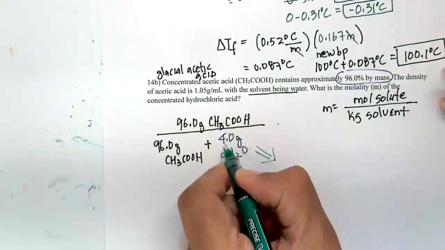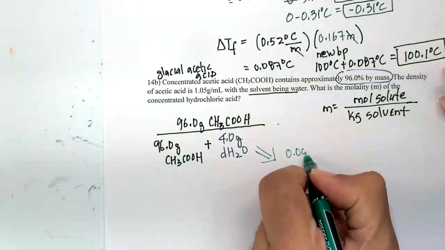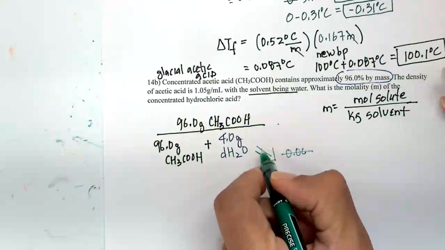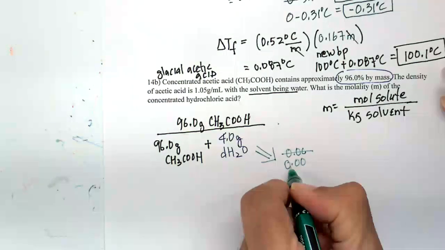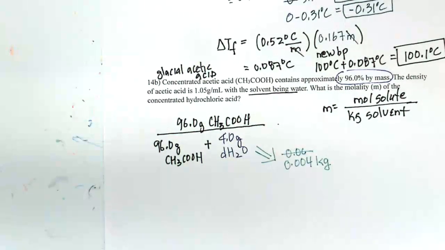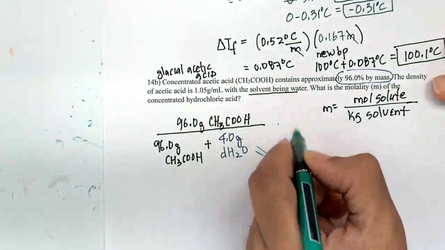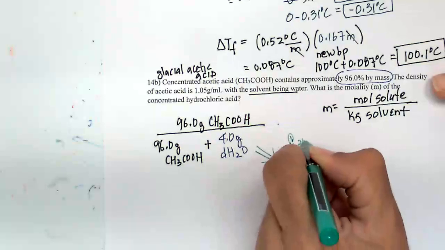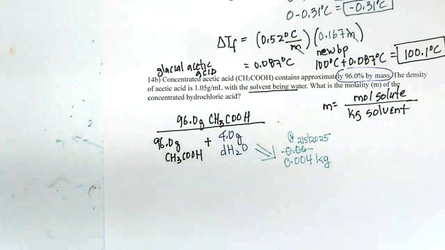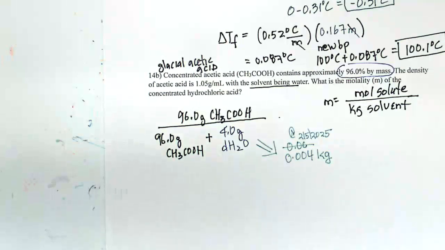And this is going to be 0.004, which is the same thing as 4 grams. All right, so this is our kilograms of solvent.